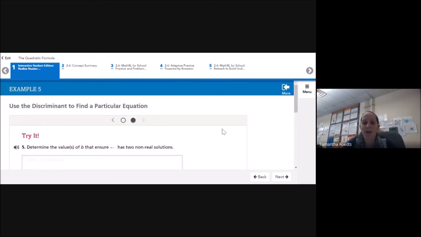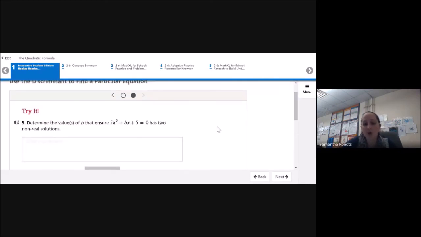All right, so let's try it. Determine the value or values of b that ensure 5x squared plus bx plus 5 equals 0 has two non-real solutions. So I know that a equals 5 and c equals 5. So when I set this up, b squared minus 4ac, but I want non-real solutions.